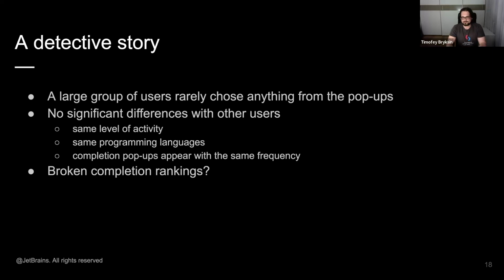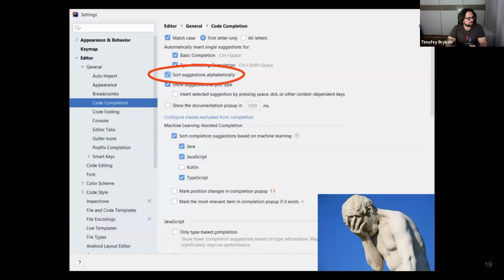Well, this is the answer. All of them had this option enabled in the completion settings. For some reason, they prefer suggestions sorted alphabetically. So they can't even see the best options because the alphabetical sorting pushes them down. The options that they needed were not on the screen, but the suggestion list appeared.